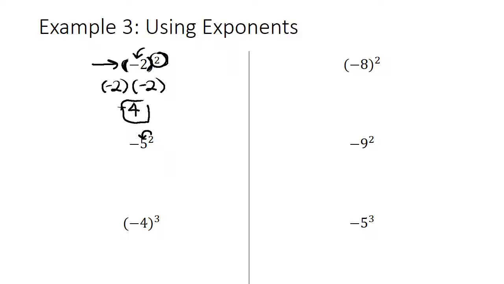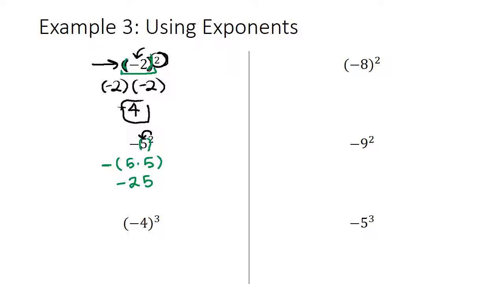So what we can think of this as saying is this up here where it says negative 2 squared, because it has the parentheses, we're squaring the negative 2. Right here, we can look at it as saying, oh, we're going to find the negative of 5 squared. So we can look at it as negative 5 times by 5, and that would give us negative 25.